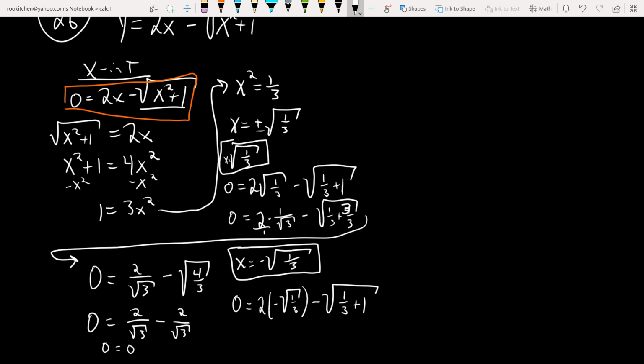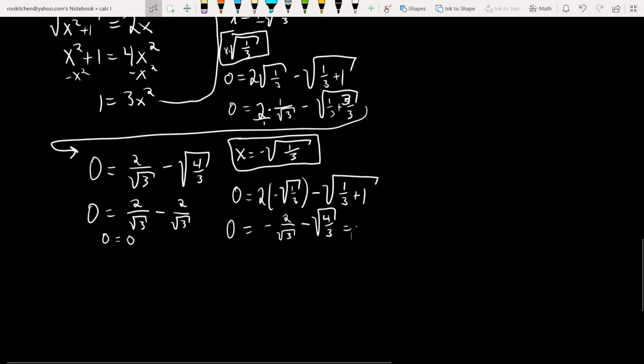And you kind of see this one's going to be different, right? That first term is going to end up being negative 2 all over root 3. And then you get minus the square root of 4/3, which will be, let's not carry the equation in that direction. I always want to kind of move the entire equation down.